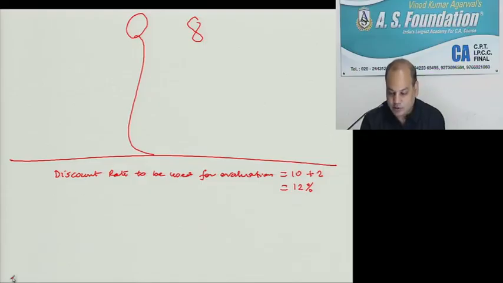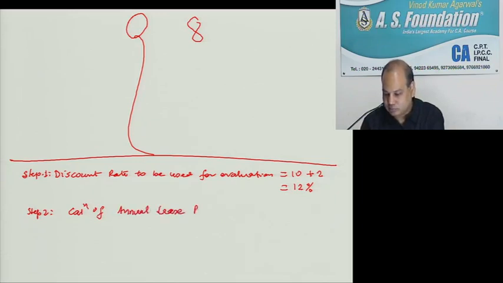So first write down step 1, discount rate to be used for evaluation: 10 plus 2, 12%. Then write down step 2, calculation of annual lease rental to be charged.